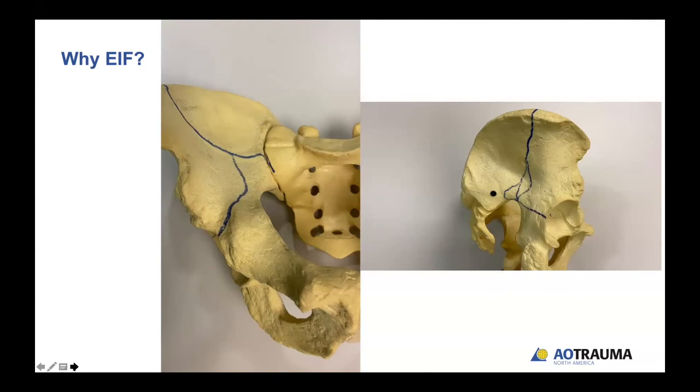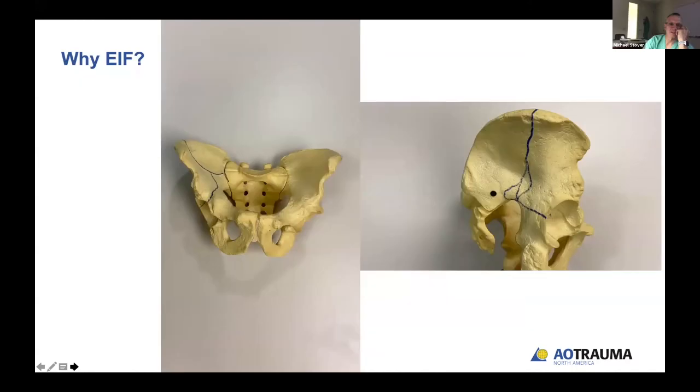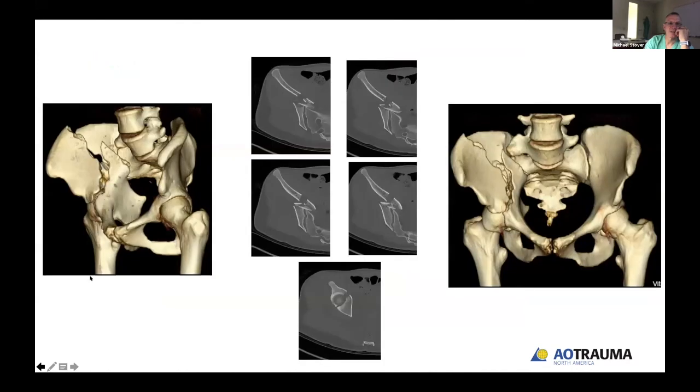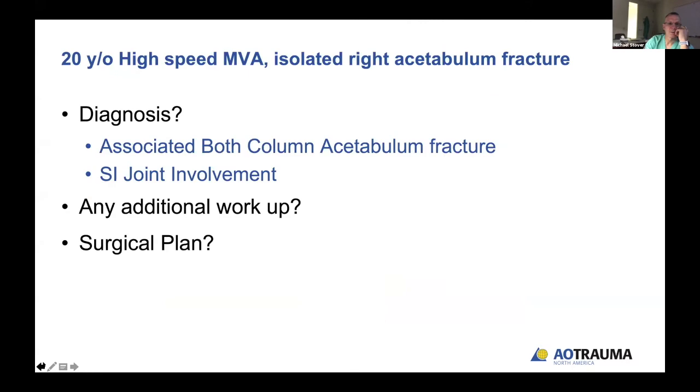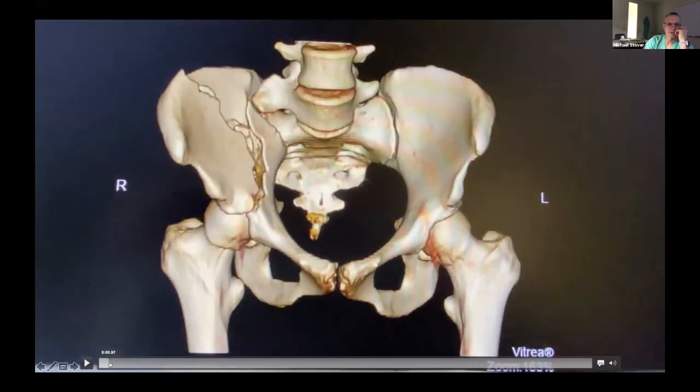All right, Mike, so you chose lateral position and an extended approach. Correct. What was your sequence of reduction? Okay, the sequence for the reduction, I'm going to go back a couple of slides and look at the 3D.